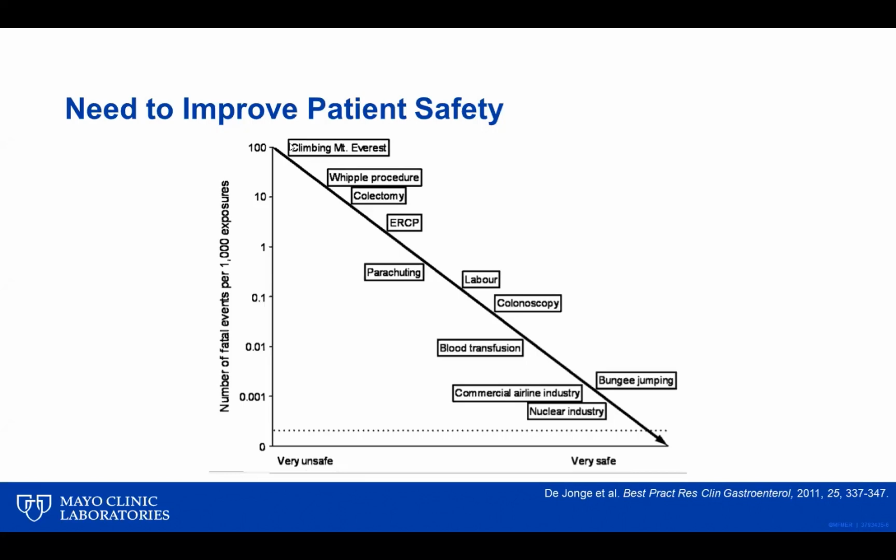However, what you may find quite surprising is the number of fatalities associated with several of these medical interventions. We have Whipple procedure, labor, colonoscopy. And I don't share this necessarily to scare all expectant mothers and those receiving these treatments, but I really wanted to show this simply to say that we can do better, we should do better, and we really do need to improve patient safety in order to change this type of graph.